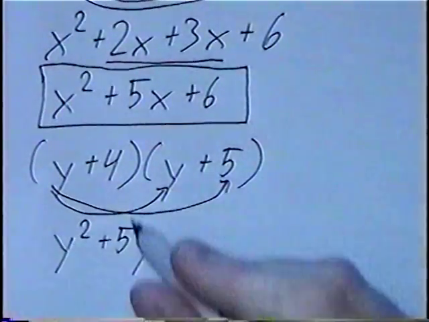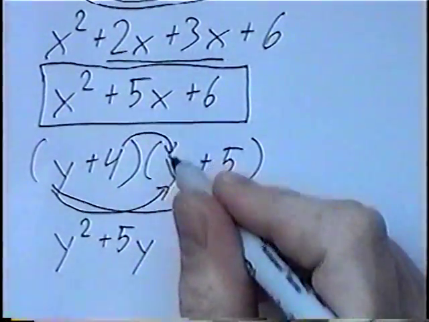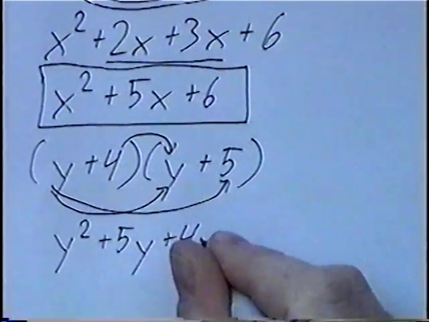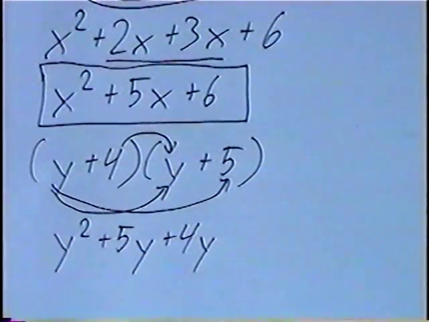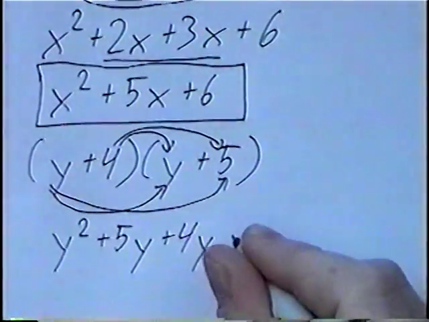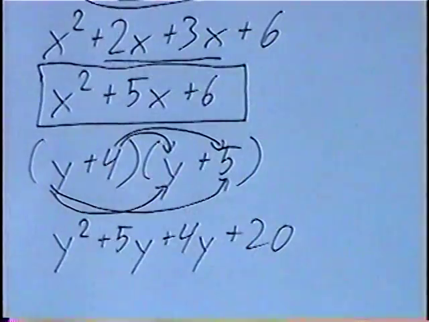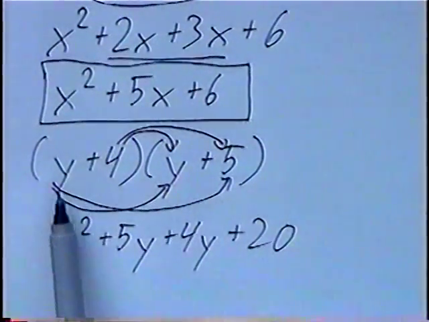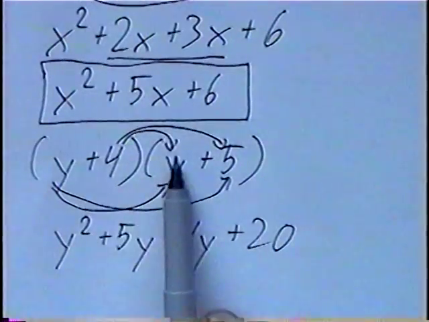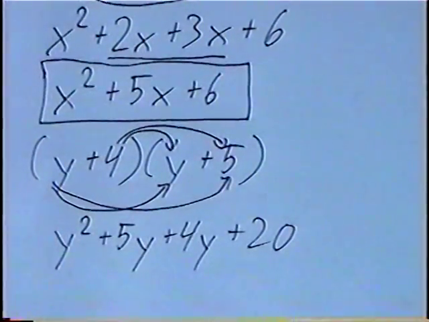Multiplying the I in FOIL, the inside terms or middle terms, 4 times y would be 4y. And the L in FOIL, the last terms, 4 times 5, which would be 20. And again, using FOIL, we'll take the first term and multiply that twice, and we'll take the second term and multiply that twice.